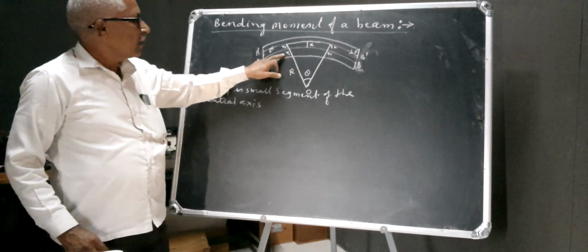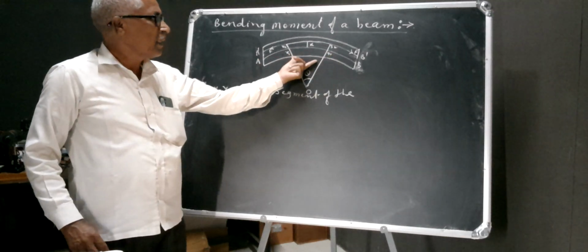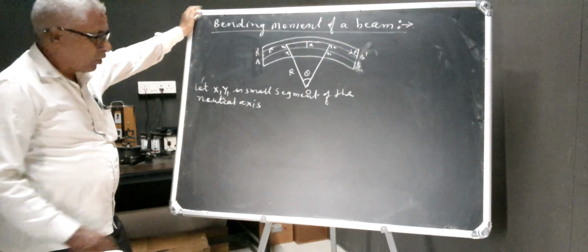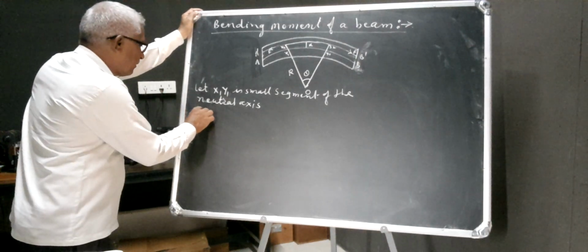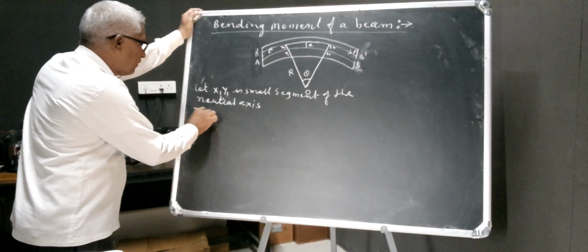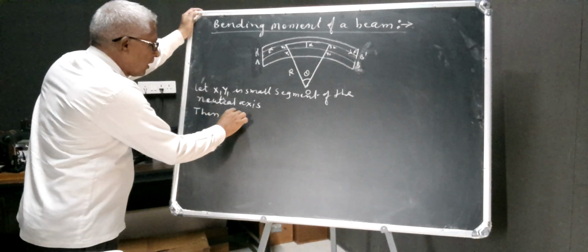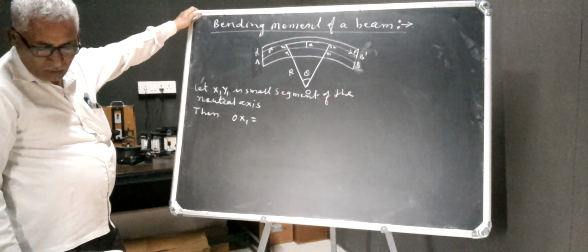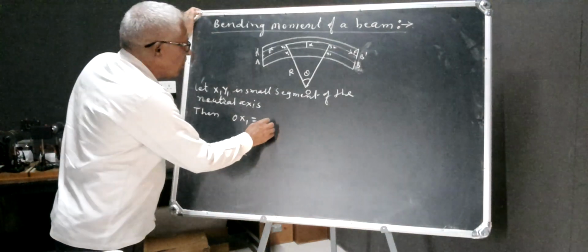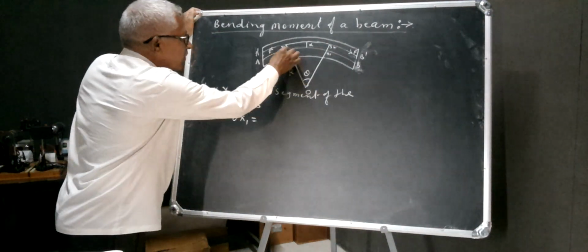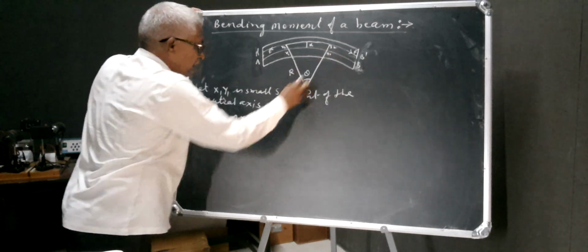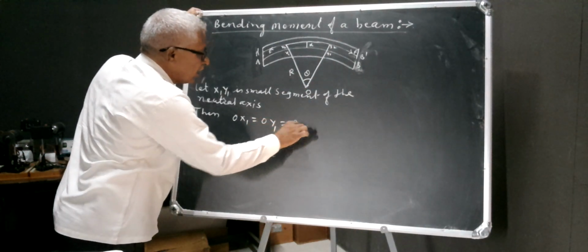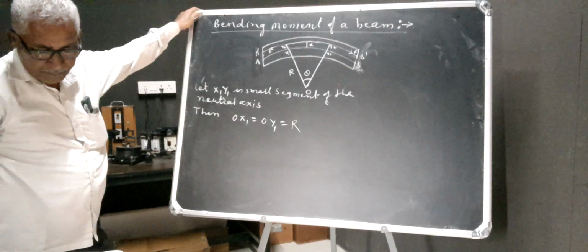This x1 y1 is the small segment of this neutral axis. Then OX1 equals OY1 equals the radius R.